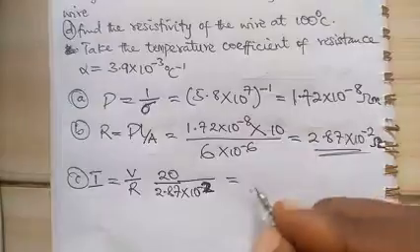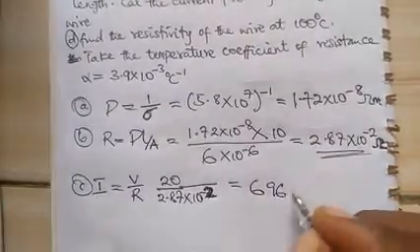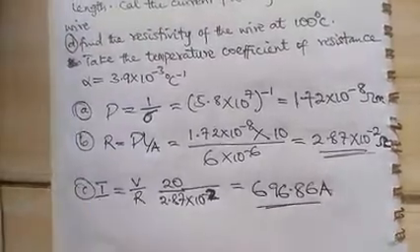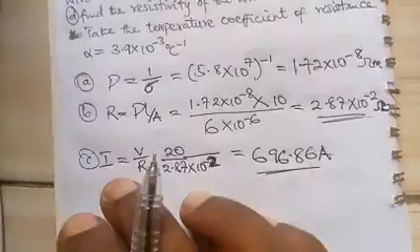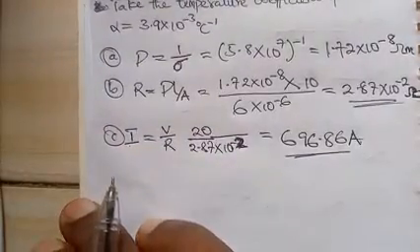If you press that in your calculator, you're going to get 696.86 amperes for the current.